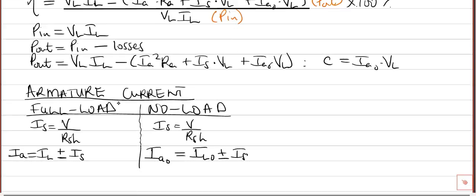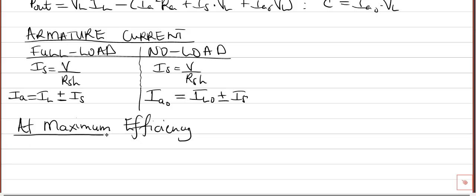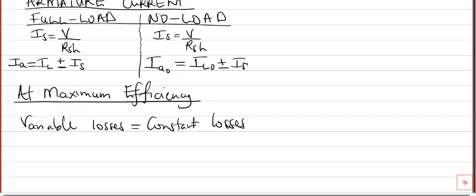So then comes a condition which is referred to as at maximum efficiency. At maximum efficiency, we say variable losses are equal to constant losses.